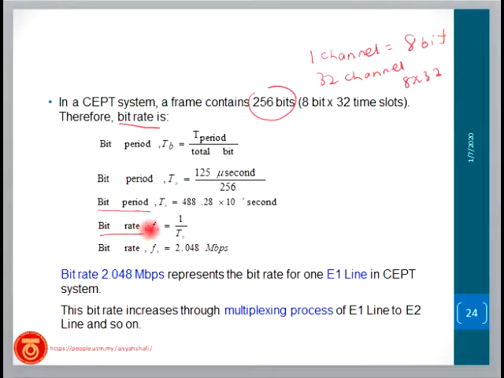And the bit rate is 1 over T, so the bit rate is 2.048 megabits per second. This bit rate of 2.048 megabits per second represents the bit rate for the E1 line in the CEPT system. The bit rate increases through the multiplexing process from the E1 line to the E2 line and so on.